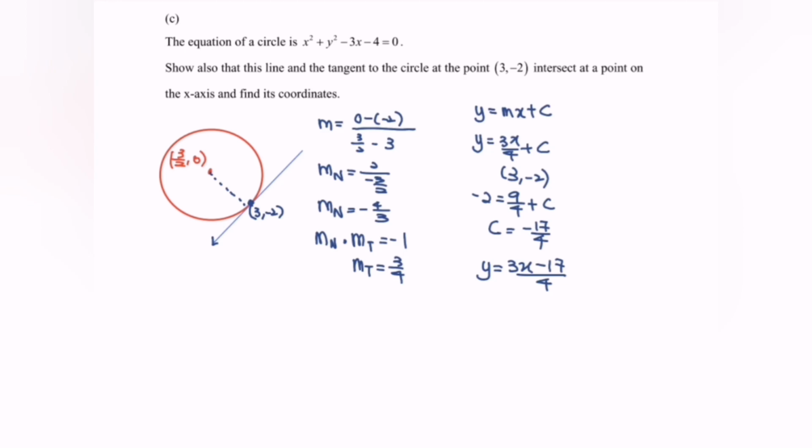Next, what we have to do is to show the intersection of the line in part B, where we have 3x plus 4y equals 17 as the first equation, and the tangent to the circle at the point (3, negative 2), where we have y equals 3x over 4 minus 17 over 4, and we name it as the second equation.